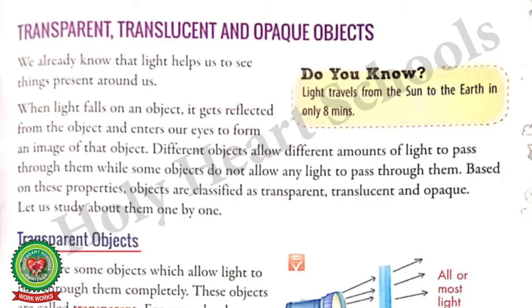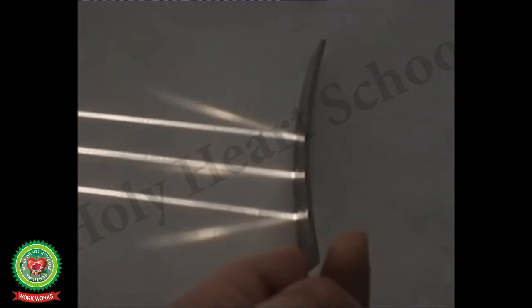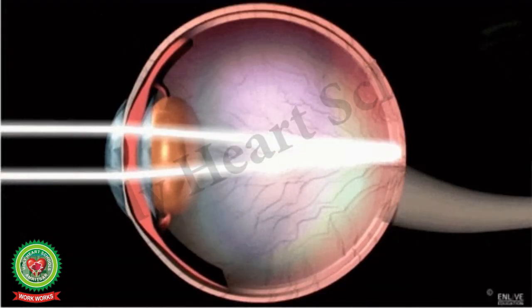Now students, open your book at page number 117 and let's start our reading from the topic transparent, translucent and opaque objects. We already know that light helps us to see things present around us. When light falls on an object, it gets reflected from the object and enters our eyes to form an image of that object.